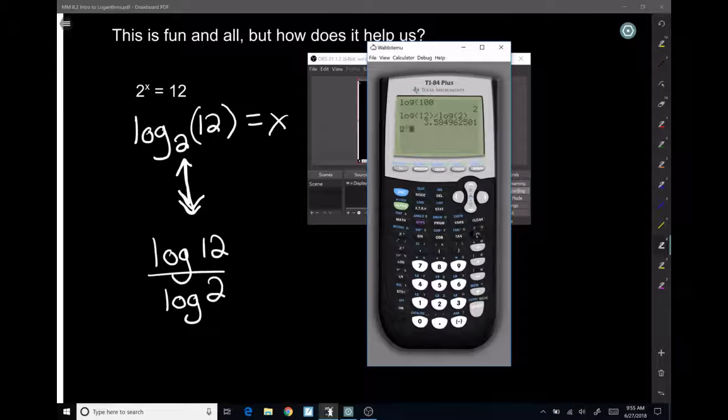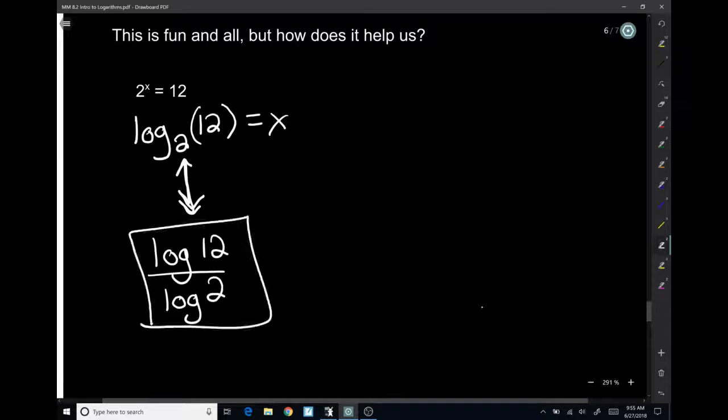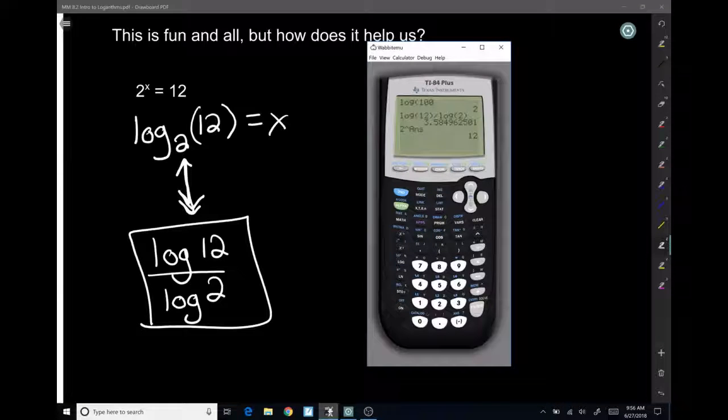This is saying 2 to the power of my previous answer gets me 12. This is called the change of base formula, and we'll look at it more. You also might have a fancy enough calculator where if you press the math button and scroll upwards, you have something that says log base. I don't. Mine's not fancy enough, which is kind of surprising to me.